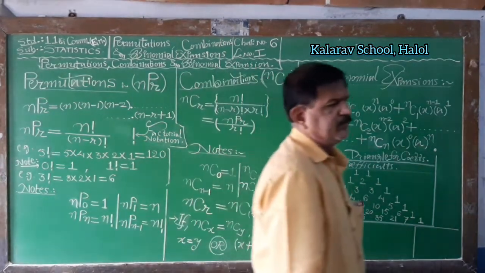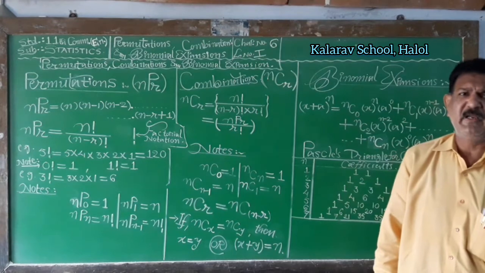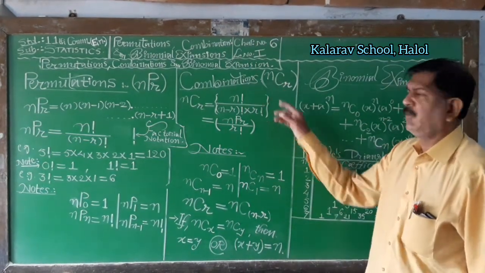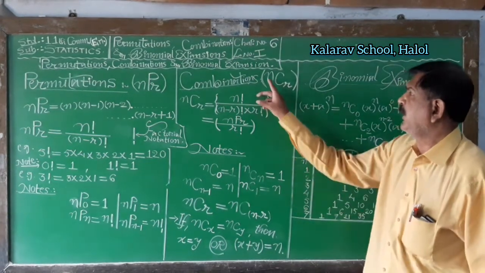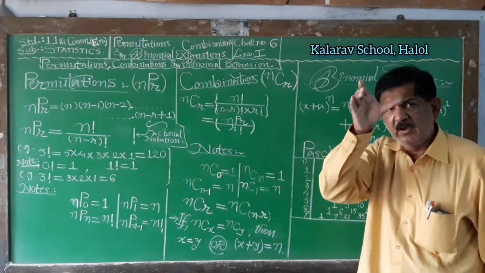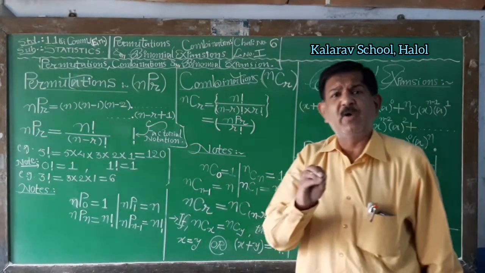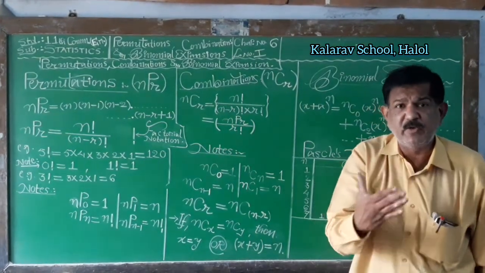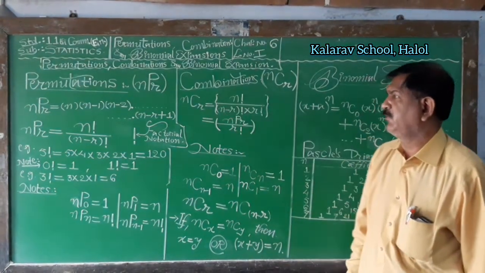If we want to form a committee for a particular purpose, sport activity or other activities, committees to be formed in a school, a firm or an office, then nCr is used. In a question paper, if we have to attempt 5 out of 7 questions, then we have to select 5 questions out of the given 7 questions. Then it is a question of combination.